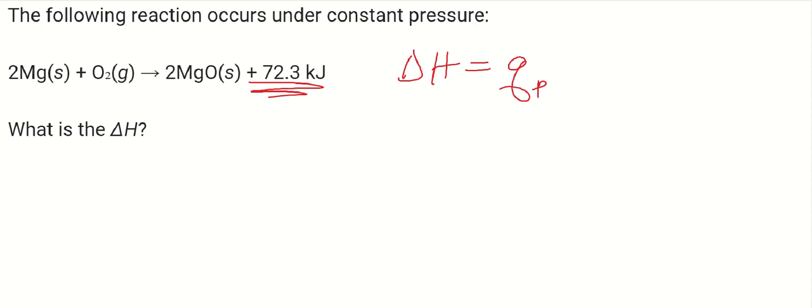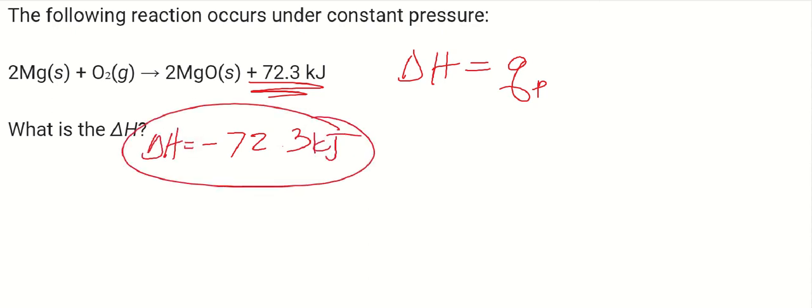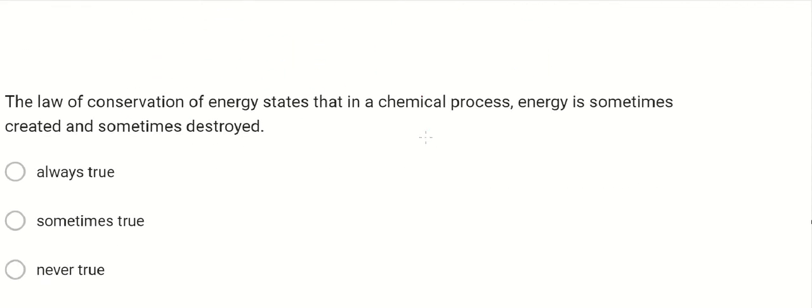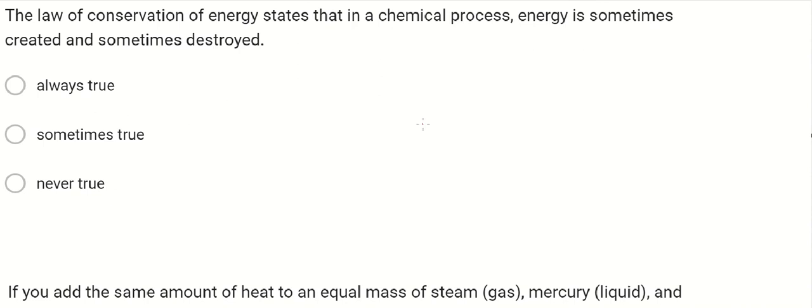Now, if it's written as a product, this is releasing heat, so that's exothermic. So exothermic means we just switch the sign to negative. It is losing heat. So delta H is, get the unit back on there, negative 72.3. So all you have to do is write that with a negative sign. This is right out of your review worksheet.